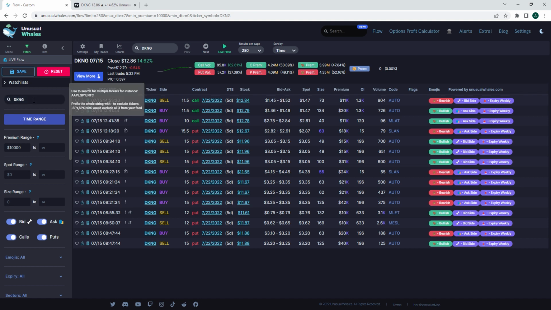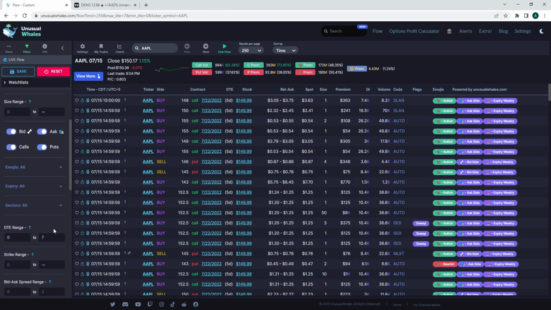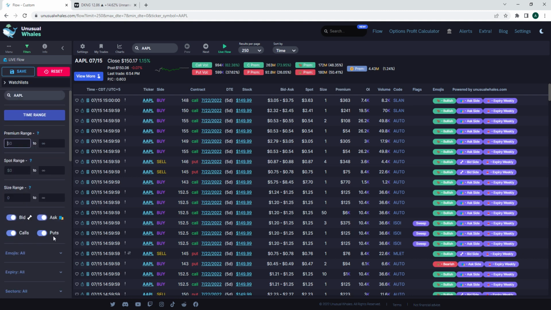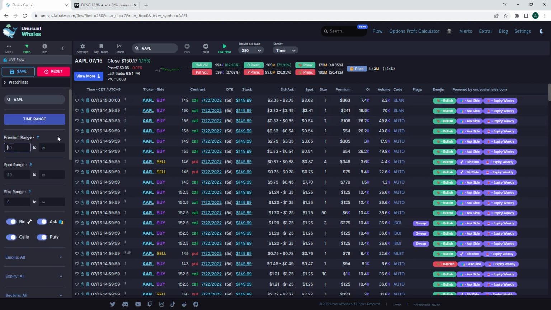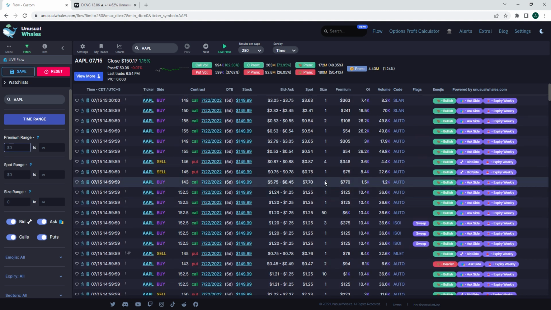Other things I look for, I'm going to swap over to Apple to give you a better idea, because I know there are some more whales in Apple. Let's say we're looking at Apple's flow. We don't have a premium range, and we have our short-term expiration. You will see every transaction that comes in, one contract, and that is not what we're looking for.